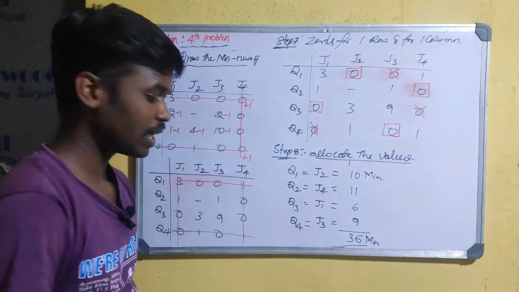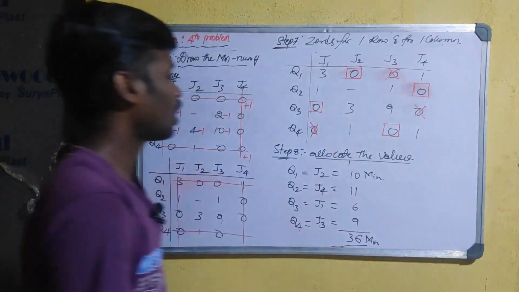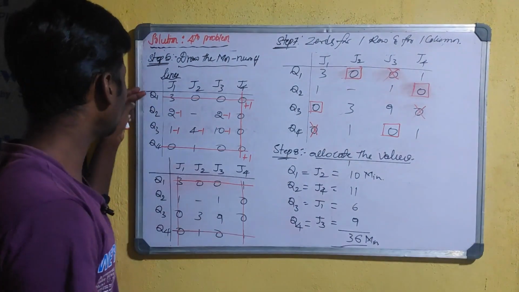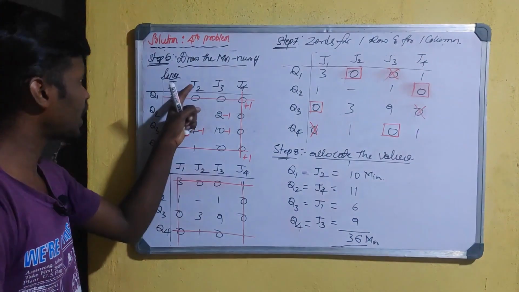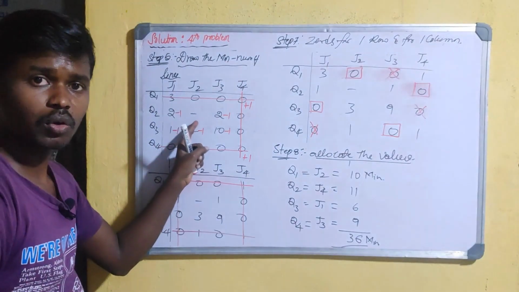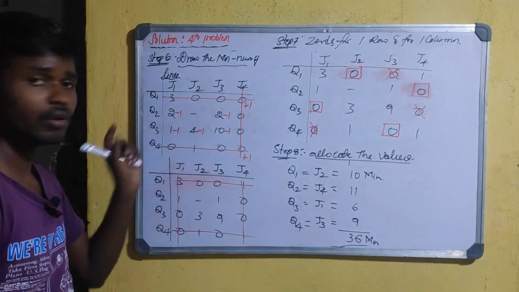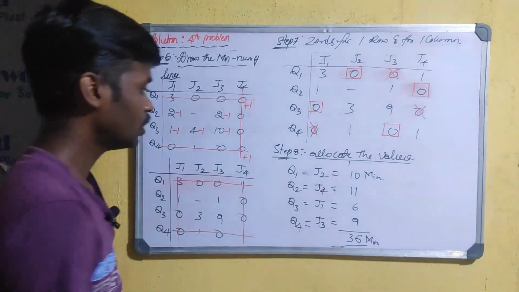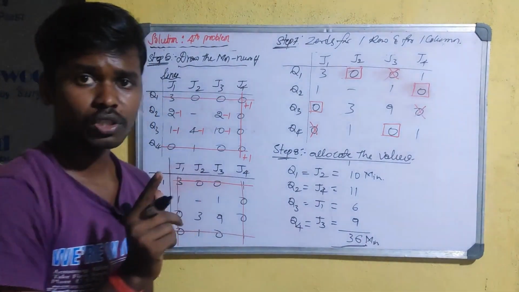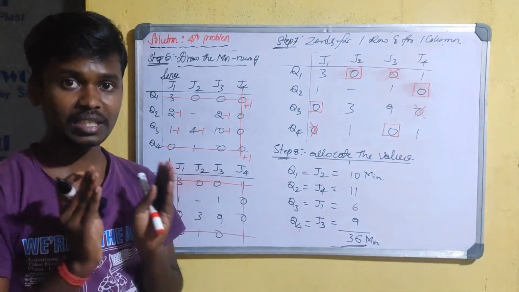36 minutes we required to allocate the 4 operators to 4 jobs if J2 does not allocate 12 minutes to Q2 according to second question. So according to second question, we have to compute the total additional time, right?